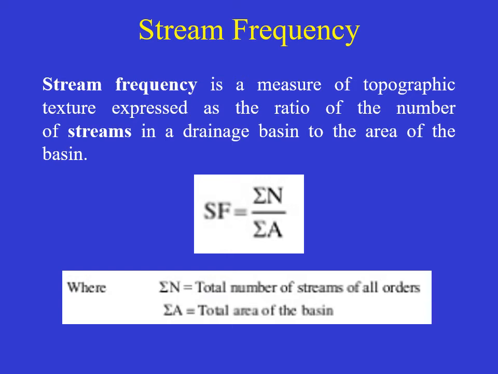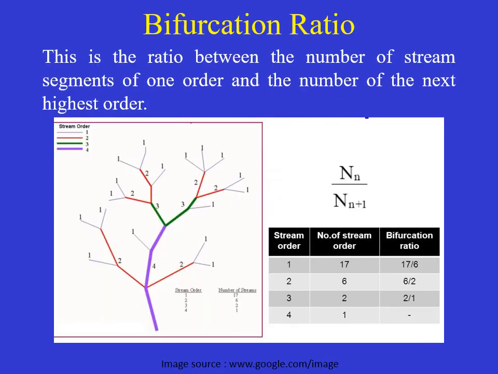So here we write in the numerator the number of streams, and in the denominator we write the area of the drainage basin. Obviously this is the total number of streams of all orders, and the total land area.